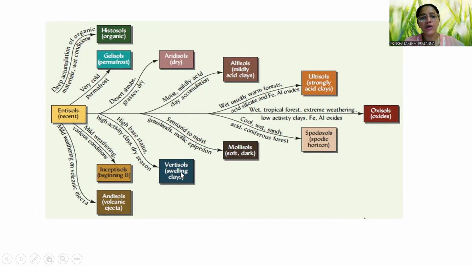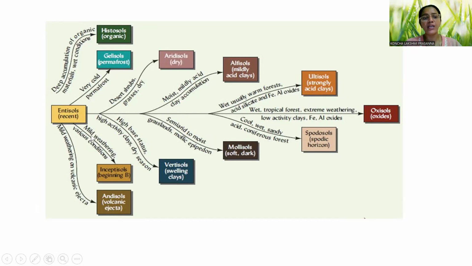Next is the vertisols. Vertisols are soils having swelling and shrinkage properties. These are high base saturation soils with greater than 30% clay and also the plasticity property. Next is the inceptisols. Inceptisols are the beginning soils.